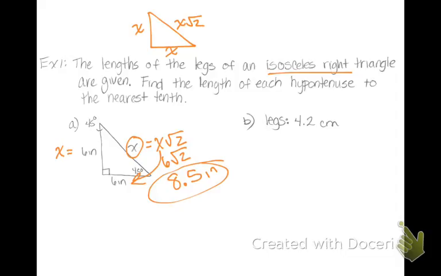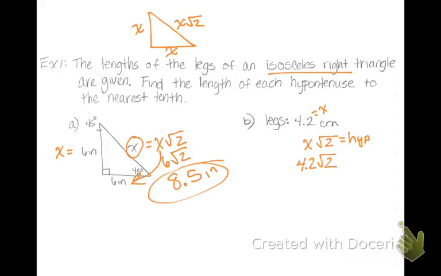All right, B. They're saying again that the legs are 4.2. Well, our legs again are x. So remember, we're doing x square root of 2 equals your hypotenuse. So it's going to be 4.2 square root of 2.